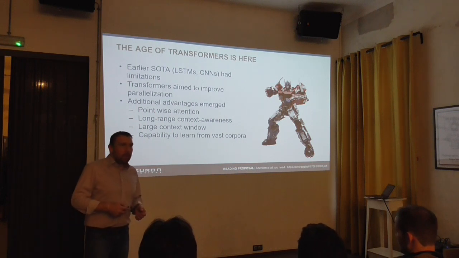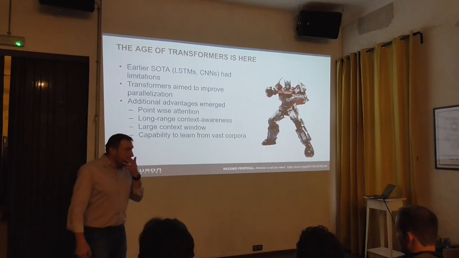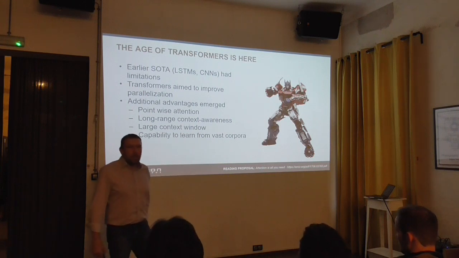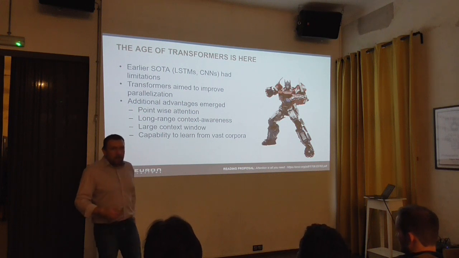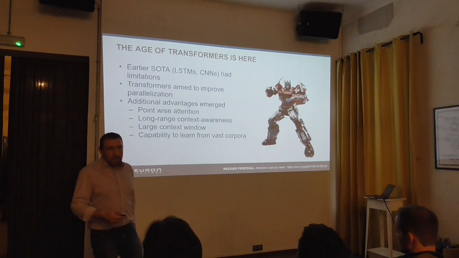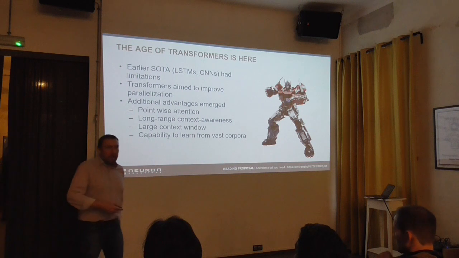why they are important. Okay, first of all, the earlier state-of-the-art solutions like LSTMs and CNNs, they had some limitations. As they worked with sequences, they could take a sequence one by one, piece by piece, which takes time. As a sequence, it's a time series, so it takes time.